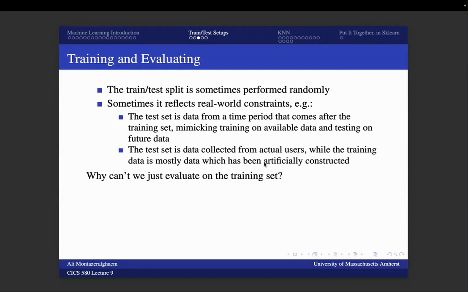And a question that we can ask here is: why can't we just evaluate on the training set? Why do we need to evaluate the system on a test set?